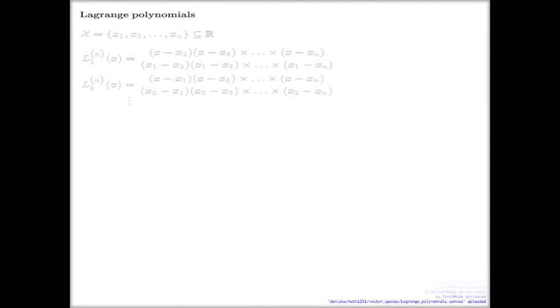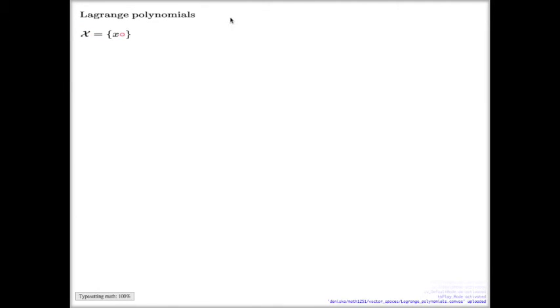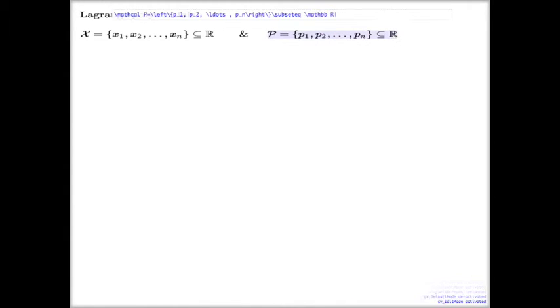But you will see that it's a lot to write actually. So we're facing the same problem. We have a set of points, and we have a set of values. Again, they may be complex.